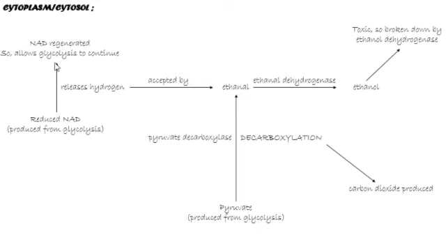Now you might be wondering, why do we need to regenerate NAD? That is because, as I mentioned in the beginning of the video, glycolysis is the only way to produce ATP during anaerobic respiration.